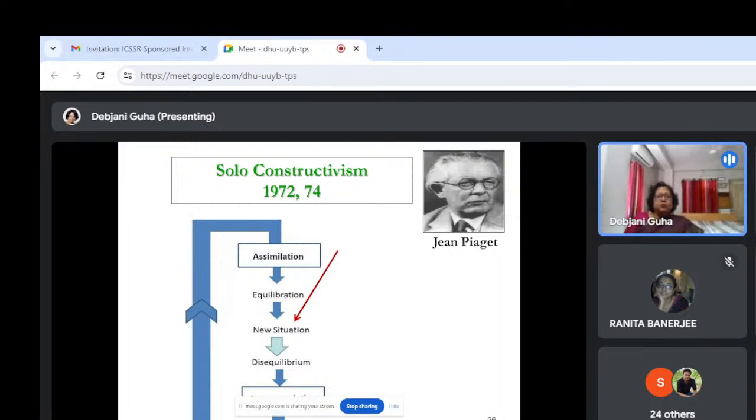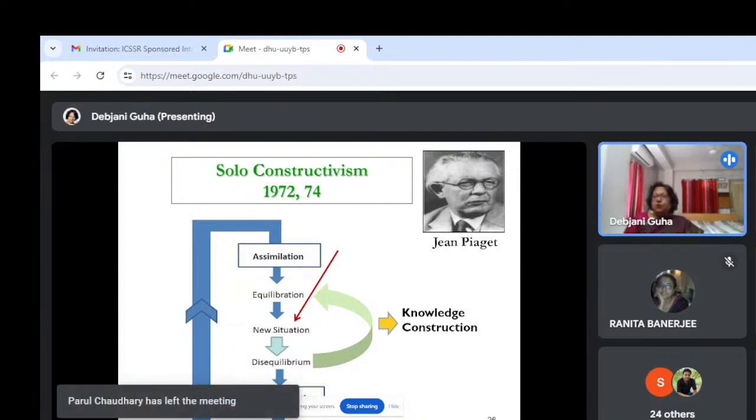From disequilibrium, when the learners go to the equilibration state, knowledge is constructed with the help of assimilation, accommodation, and adaptation. Piaget told that this new situation is a cognitive conflict, and a disturbed mind is a good thing for the construction of new knowledge.